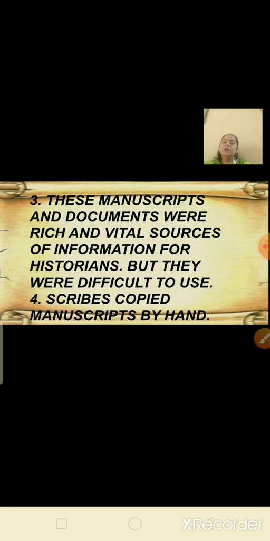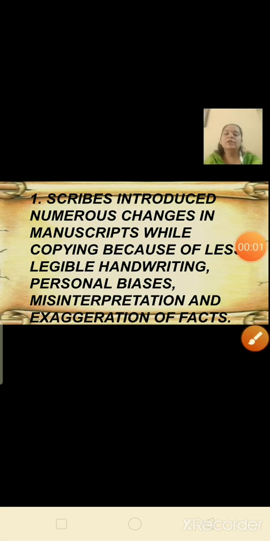Scribes copied manuscripts by hand. Now let us understand the difficulties historians faced in using manuscripts. Scribes introduced numerous changes in the manuscripts while copying because of less legible handwriting, personal biases, misinterpretation and exaggeration of facts.